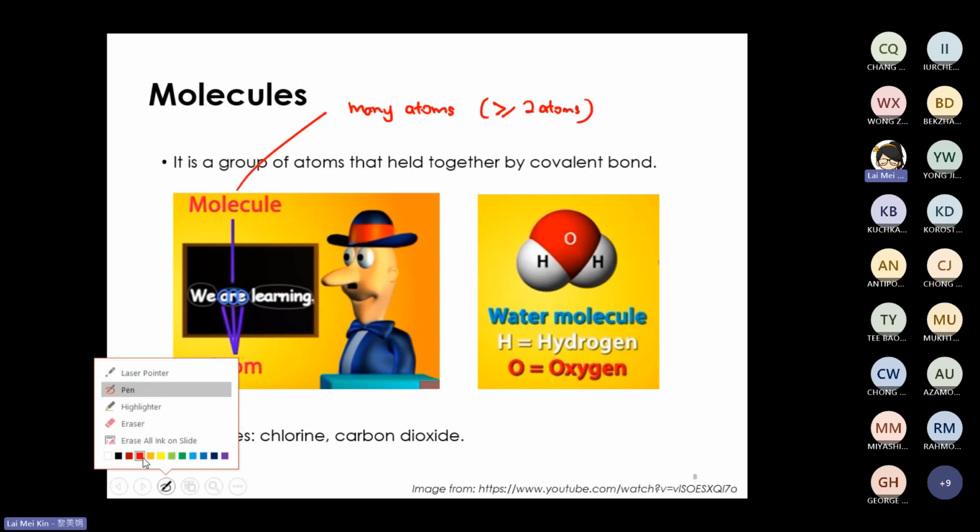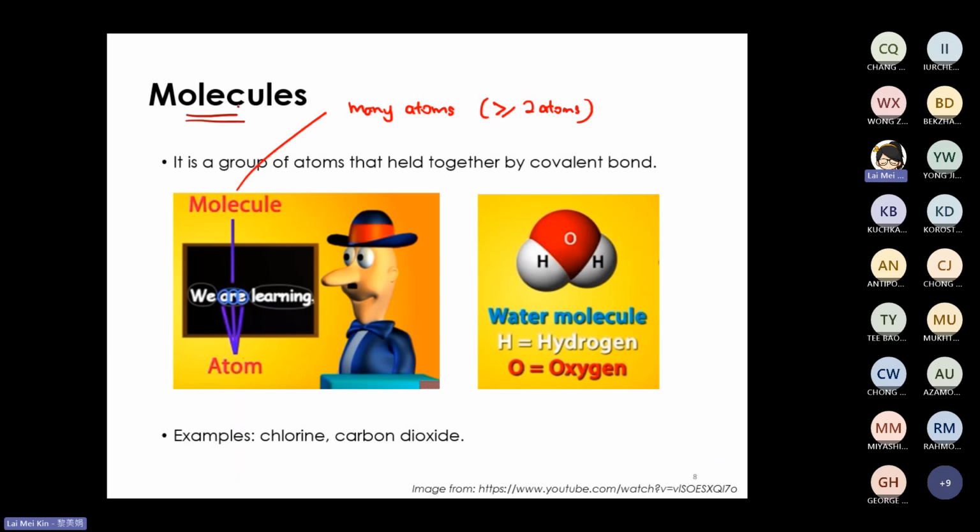Can you specifically tell me molecules are made of what and what? Consist of what? Non-metal and non-metal. What is the type of bond that's being formed? Covalent. Okay, molecules are non-metal, they form covalent bond.